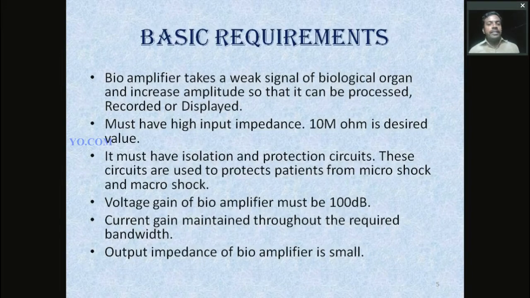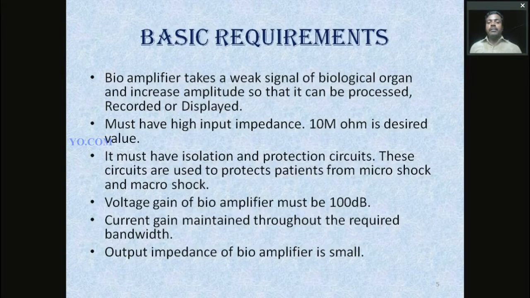So if you are measuring ECG, an electrode is placed on the human body according to some rules. The electrodes observe the heart signal. That signal is connected through lead wires to the bioamplifier.